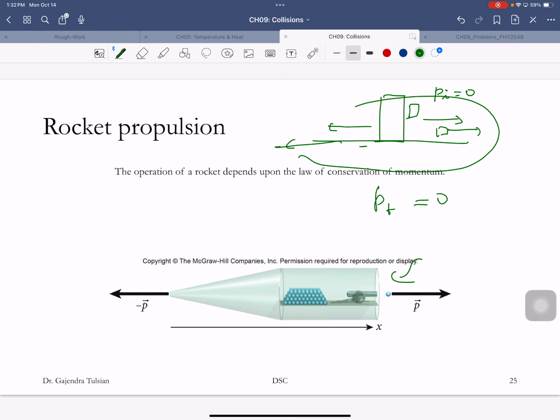You want to go faster, you shoot some more hot gases. You keep shooting those hot gases, you'll keep going faster. The total momentum of the entire system is 0.